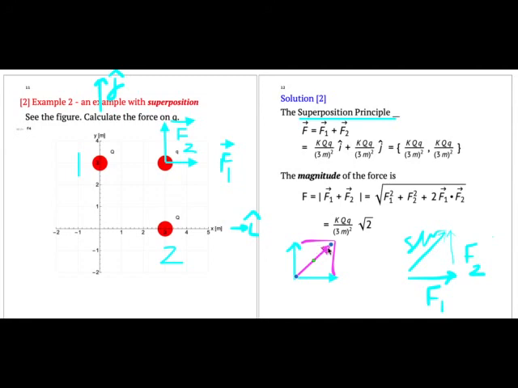That's F1 plus F2. So its direction is at a 45-degree angle. So that gives me the direction. Here's X. Here's Y. It has equal components X and Y. So it's at a 45-degree angle in the XY plane.